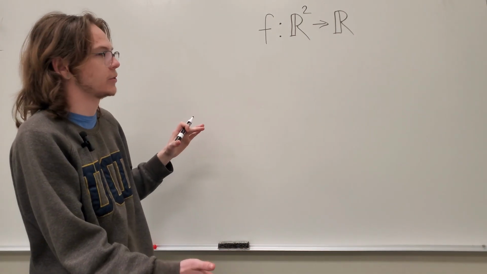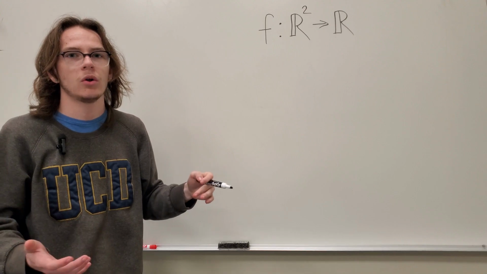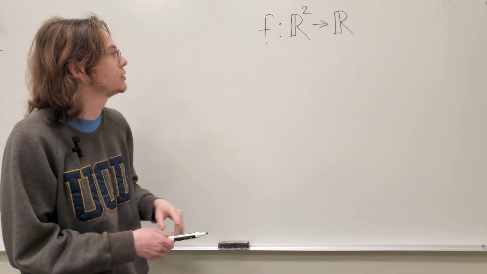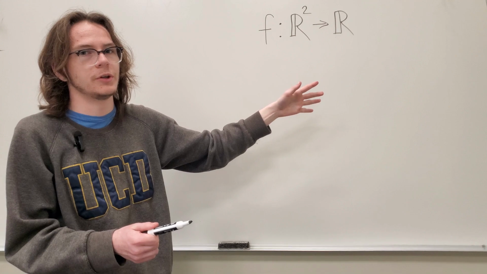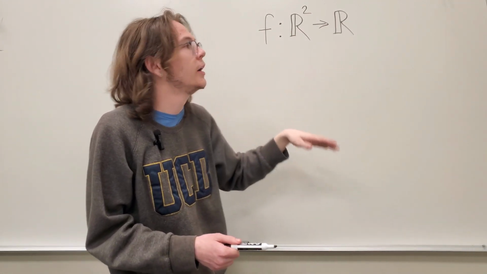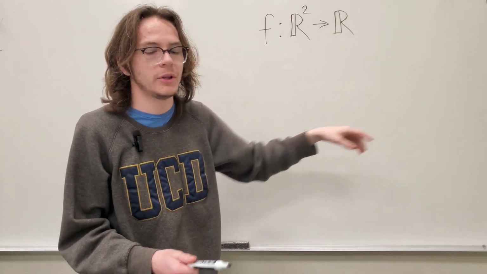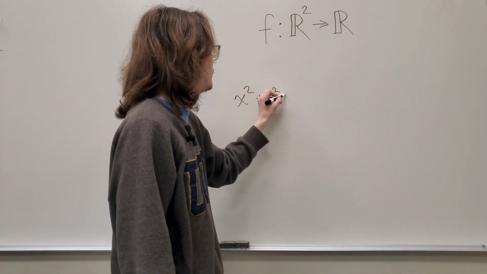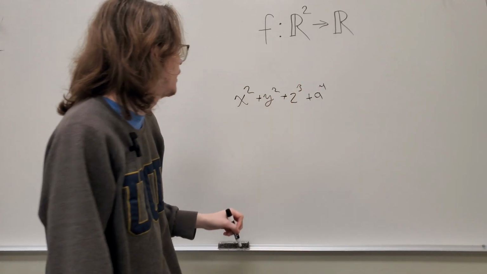Now we can further generalize this to apply to all real valued functions and all vector valued functions. This seems more intuitive when you map R to R, or R2 to R, or R3 to R, or R4. You map Rn to R. That means you have whatever variable input, right? So you have x squared plus y squared plus z cubed plus a to the 4th.